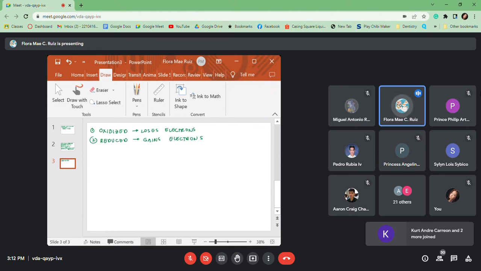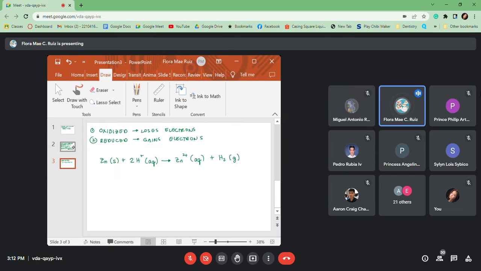So let us consider the reaction: zinc, which is in solid form, we add 2H plus in aqueous solution. It will yield zinc 2 plus, which is already in aqueous solution, plus H2, which is in gaseous state.